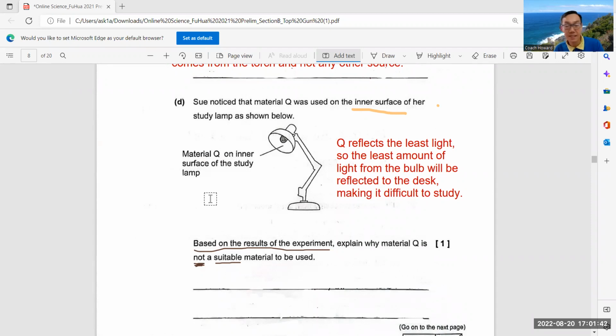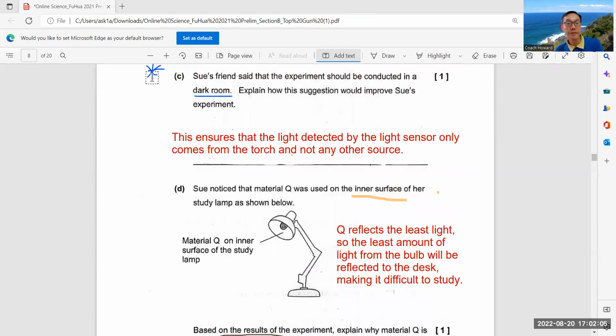I have sent the answer to you already, so you take note. Part A and part B you're finished. This question we went through a little bit, and I will review it shortly because this question is connected together.